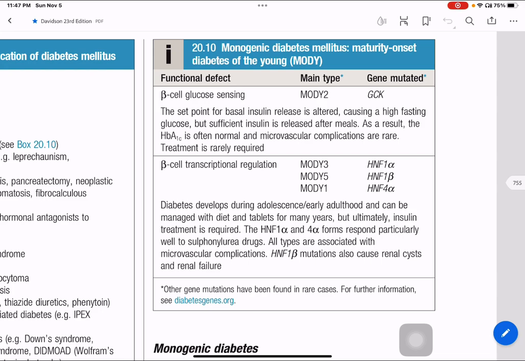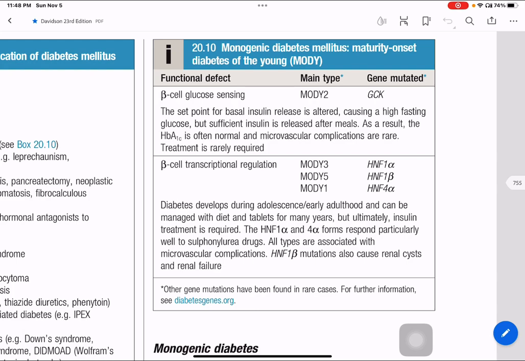In MODY2, the GCK gene is mutated. MODY3 is associated with mutation in HNF1 alpha. HNF1 alpha is 3, HNF1 beta is 5, and HNF4 alpha is MODY1.